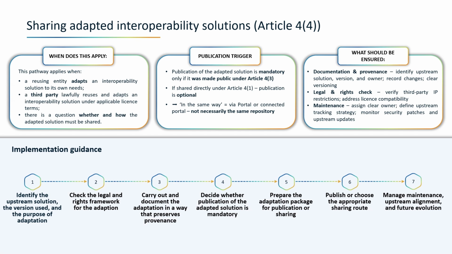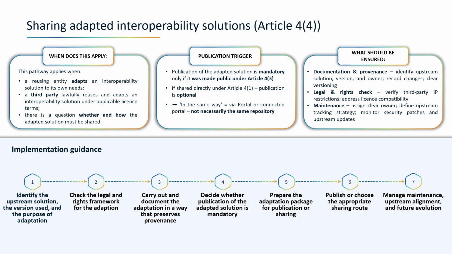There are 3 main points to keep in order throughout this pathway. First of all, documentation and provenance, for example, recording what you changed and why. Then a legal and rights check, verifying IP restrictions and license compatibility, and finally a maintenance plan, including how you will track upstream updates.